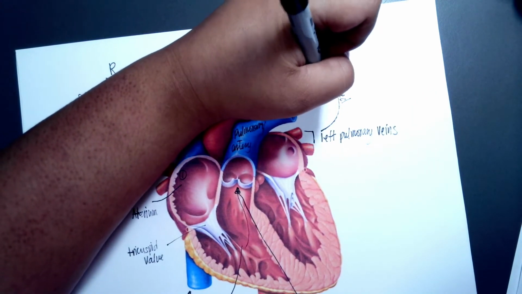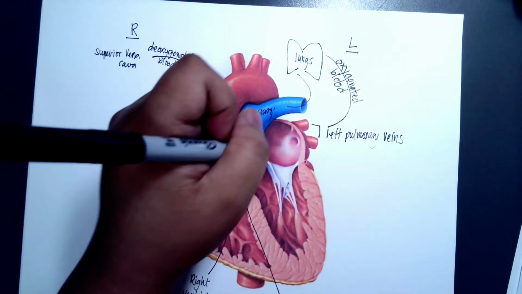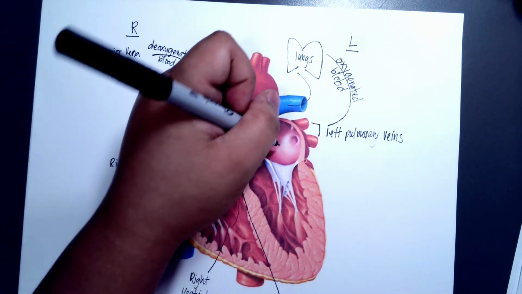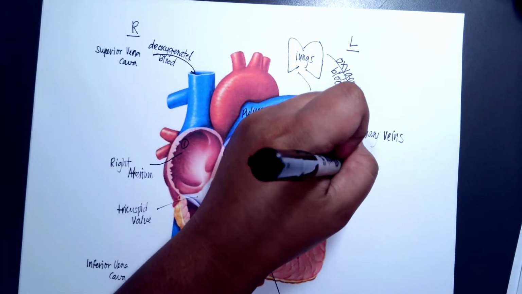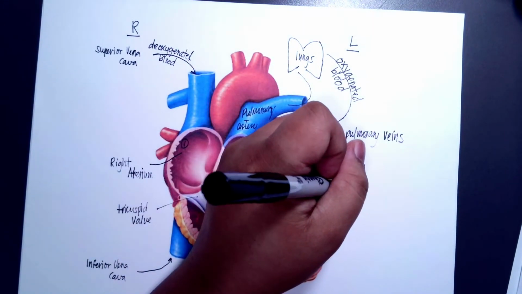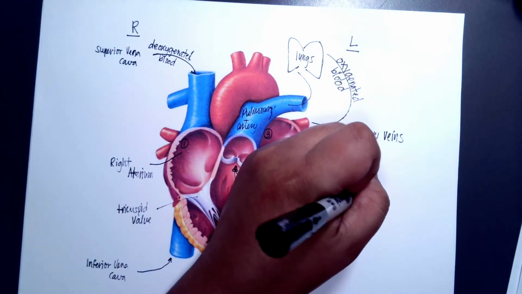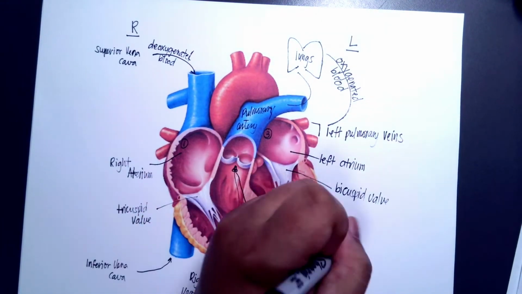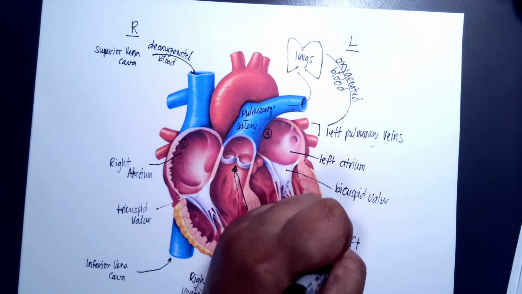It now carries the oxygenated blood and enters the third chamber of the heart, which is the left atrium. It passes through the bicuspid valve and enters the left ventricle.